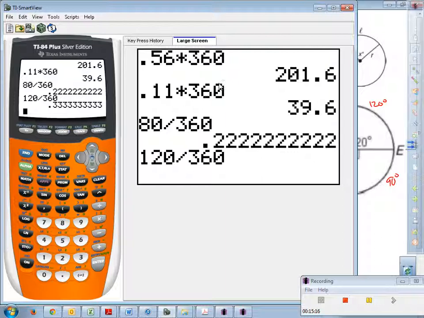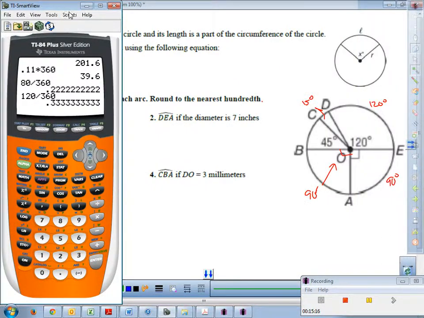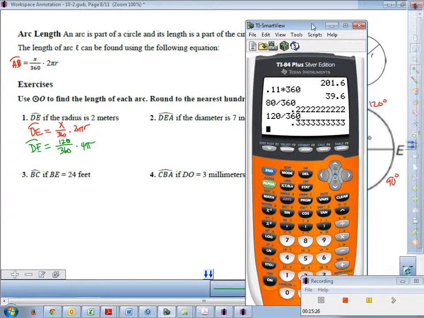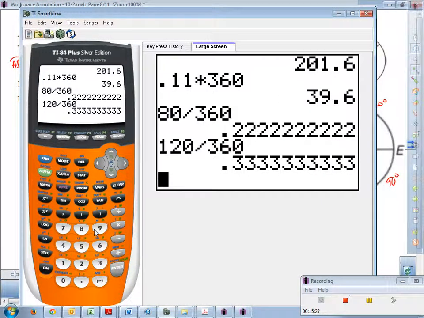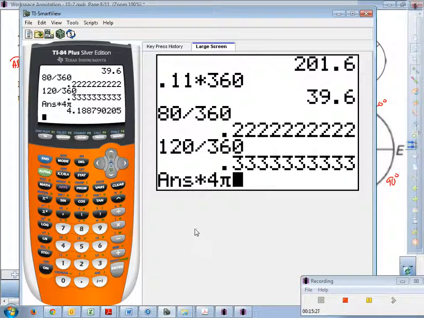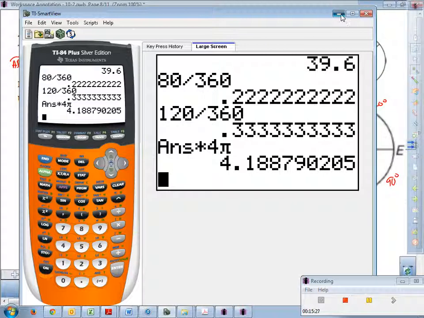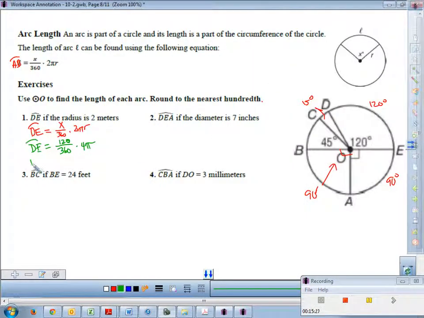Then take that times 4 pi, using the previous answer, and there's my answer. They want that rounded, so the length of arc DE is about 4.19 meters, because it's just a length, not an area or anything.